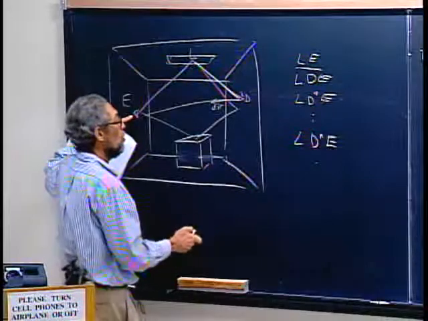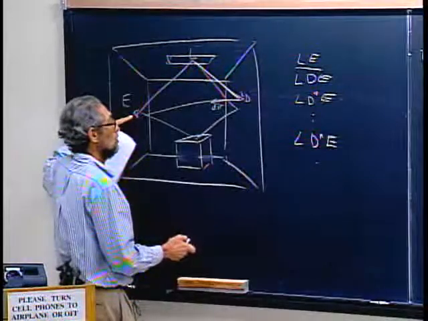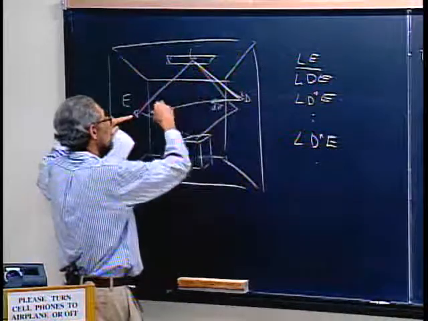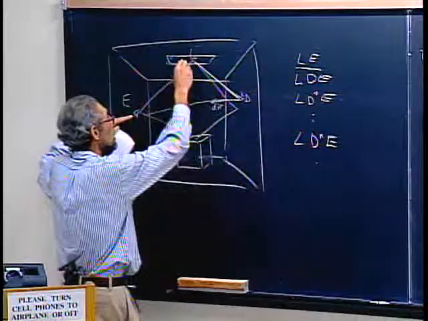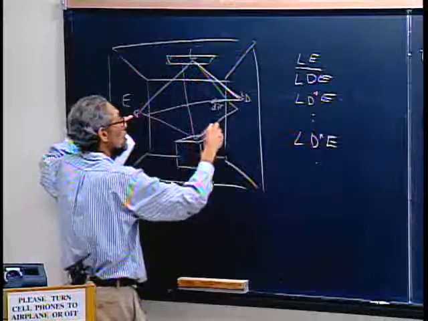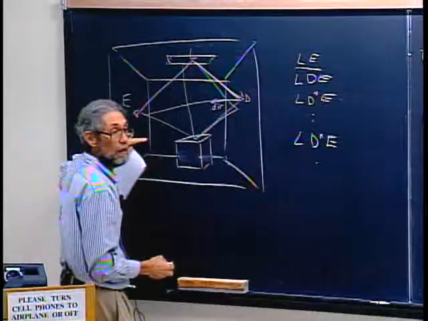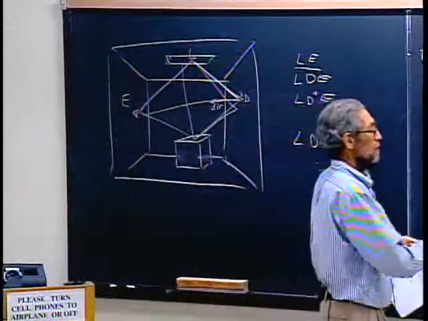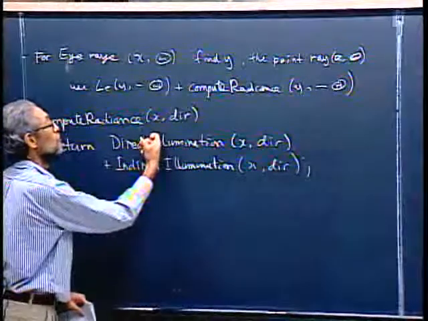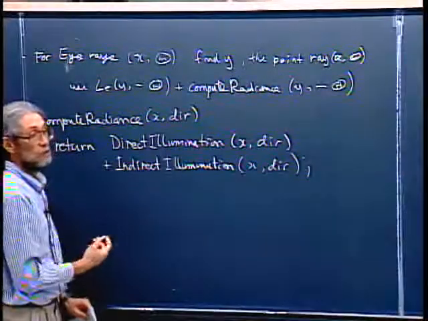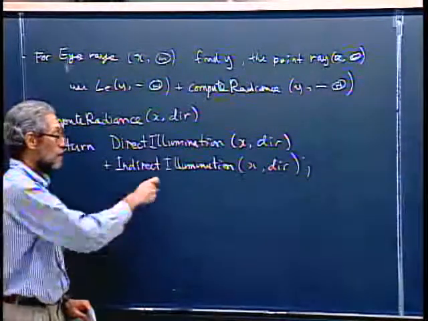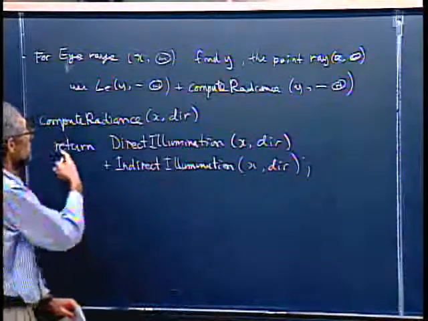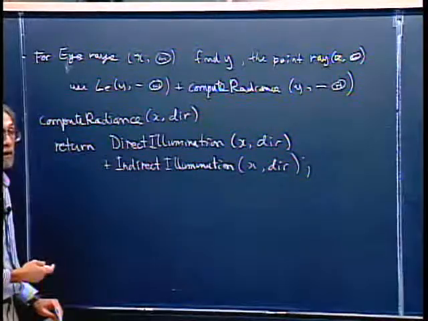And also indirect illumination, which is illumination that can reach this point by bouncing from the light off of another surface to get to that point. So this is going to just trace a ray to a point on the light source using the area of the light source. And this is going to be recursive calls to this compute radiance part.